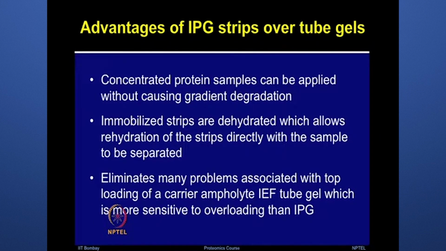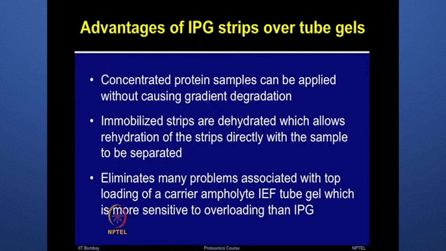So, concentrated protein samples can be applied in the IPG strip without causing gradient degradation, which is another advantage of using this method over tube gel. You can take an IPG strip and apply your protein sample so that it is absorbed on the strip, and then proteins can be separated in the electric field based on isoelectric point.